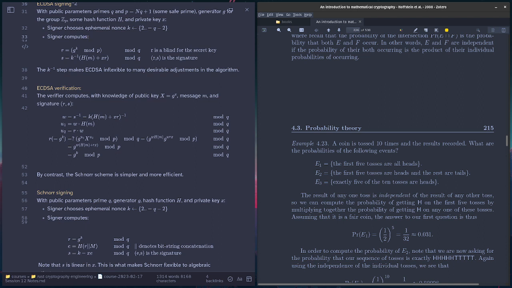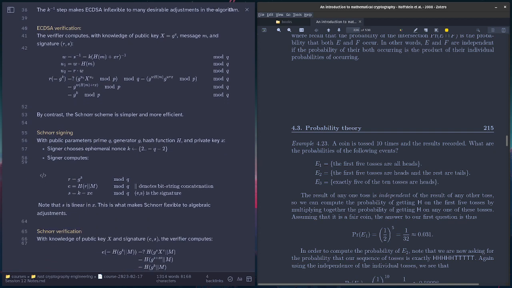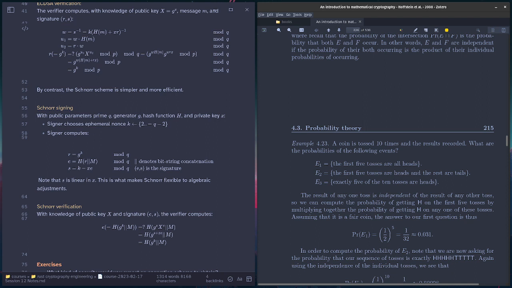Whereas in the Schnorr setting, there is no value of k to the negative 1, which makes this a simpler process for computing signatures, simpler and more efficient. So in practice, Schnorr signatures tend to be both easier to incorporate interesting cryptography primitives into, but also more efficient to compute because of that. The verification step is also simpler.